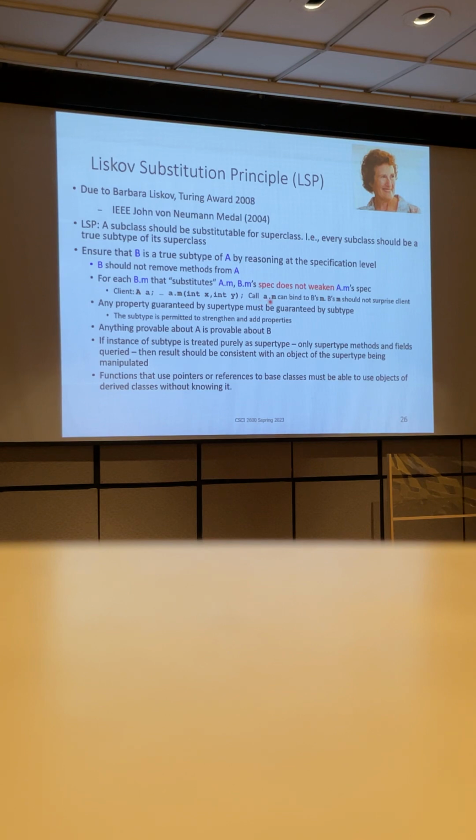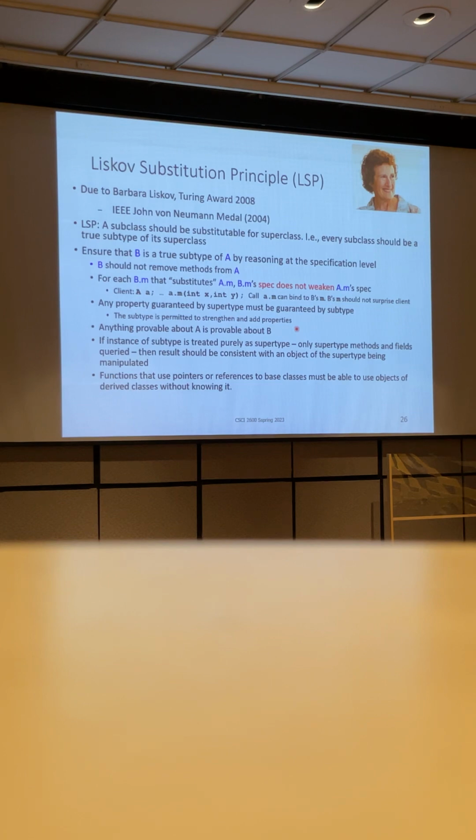If the client is written against A.M, whether it is an A or a B shouldn't matter. The client should not notice this substitution. So any property guaranteed by the supertype must also be guaranteed by the subtype. For example, if the supertype returns an area of 20, then the subtype should also return an area of 20, given that all the other properties of the object are the same. Anything provable about A has to be provable about B.